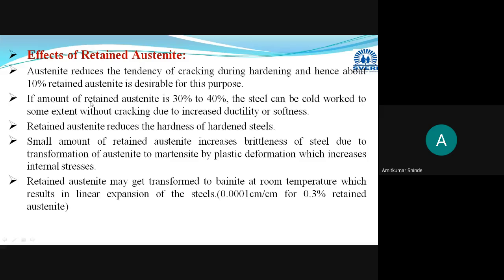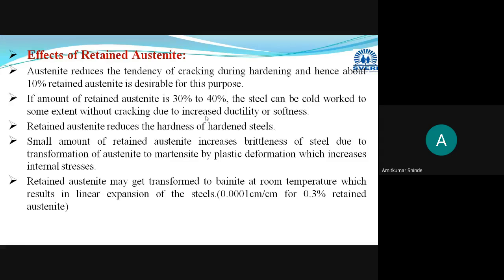And whenever the amount of retained austenite is 30 to 40%, then you can conduct some cold working operations on that steel component, because it will improve the ductility or softness of that steel. In short, retained austenite will improve the ductility or malleability, so it will reduce the tendency of cracking, and you can perform different cold working operations very easily on a steel component whenever some amount of retained austenite is there.